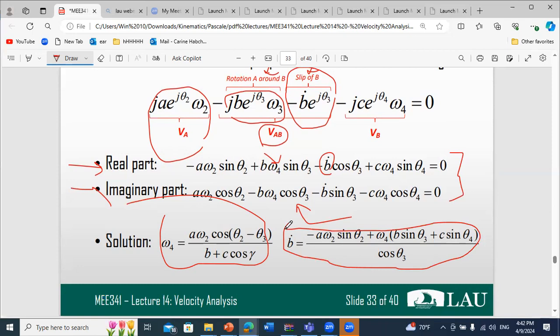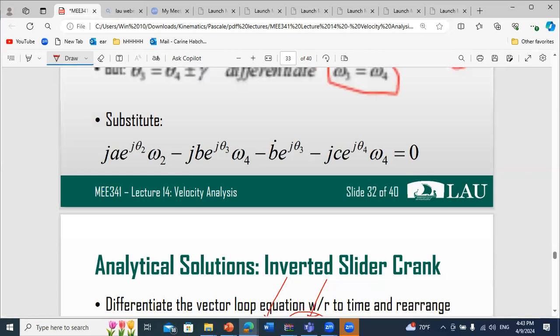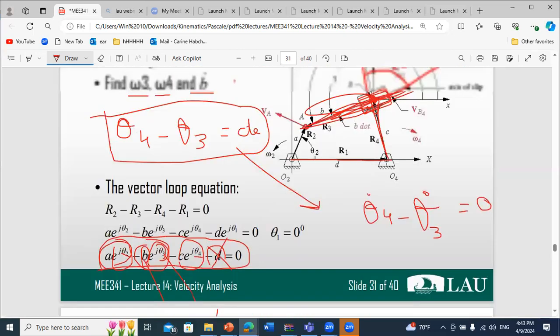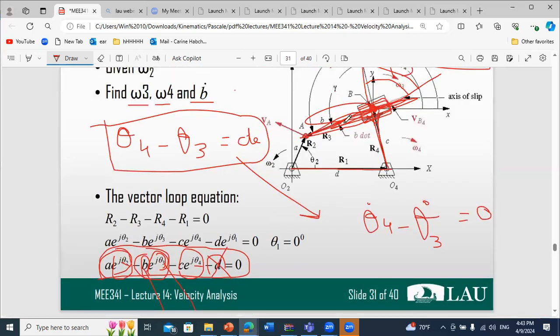So here, if you want, when we talk about VAB, okay, you know that this vector, if you go back to the figure, this vector AB, when you derive AB, you get VB relative to A. But since we considered, if you look at the analysis, the vector considered is not AB, it's BA.